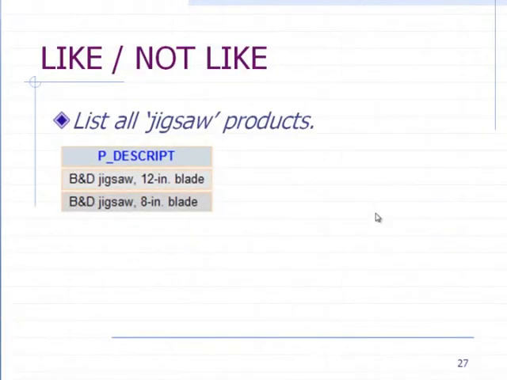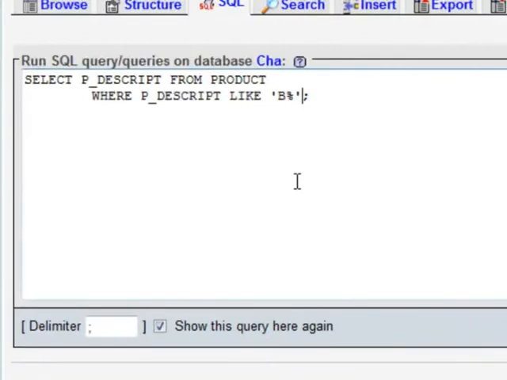Another example of a pattern matching, if we wanna list jigsaw products, this jigsaw will be included as a part of product descriptions. So in that case, let's slightly modify the previous SQL statement. So instead of previous pattern here, how can we change this? First, yes, we have to include jigsaw. And then, what else we need?